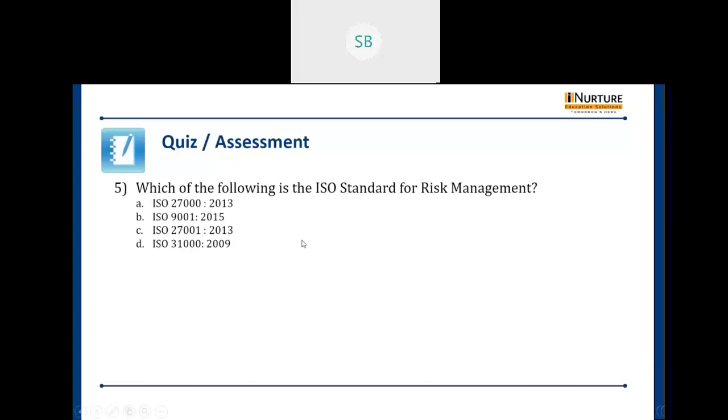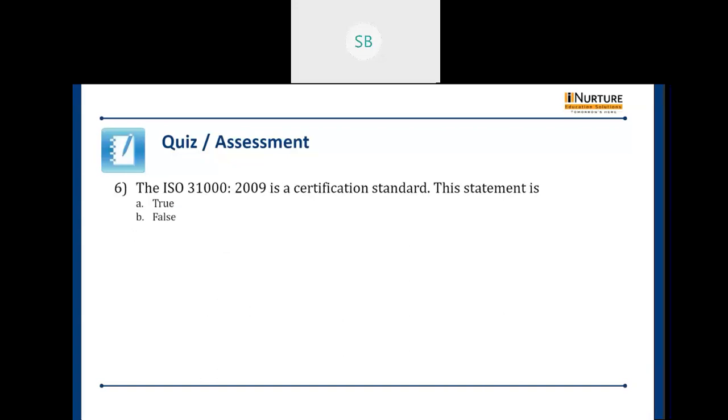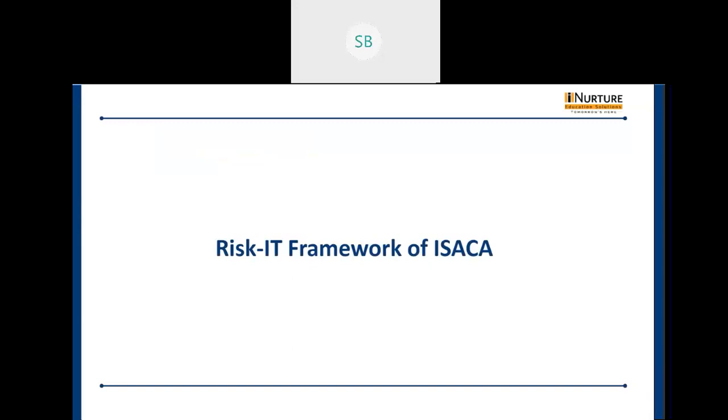ISO 31000 is the ISO standard for risk management. Next, ISO 31000:2009 is a certification standard. This statement is obviously true, right?